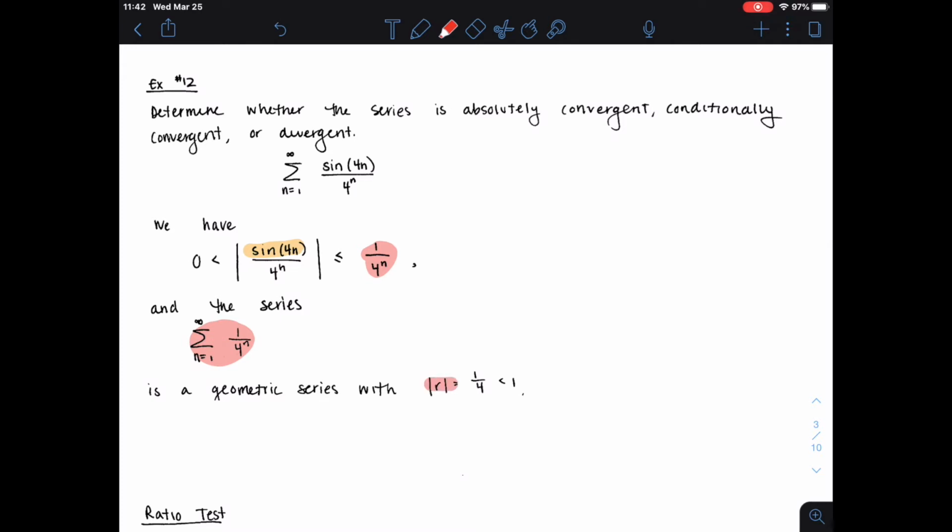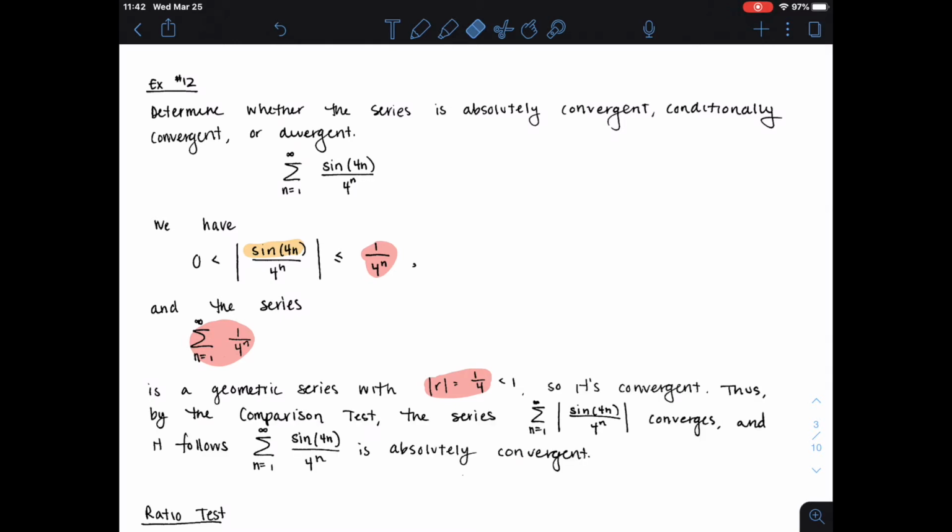Its common ratio is 1/4. So in absolute value, it's less than 1. So it's convergent. So now I have, when we sum this series up, it's convergent. I know these terms are positive, and they're smaller than a series that is convergent.